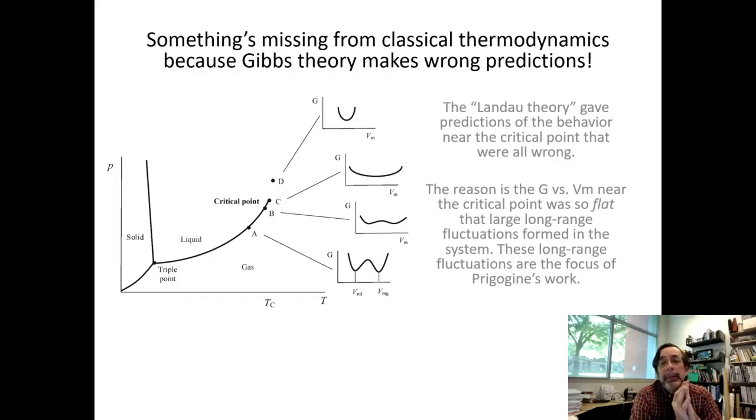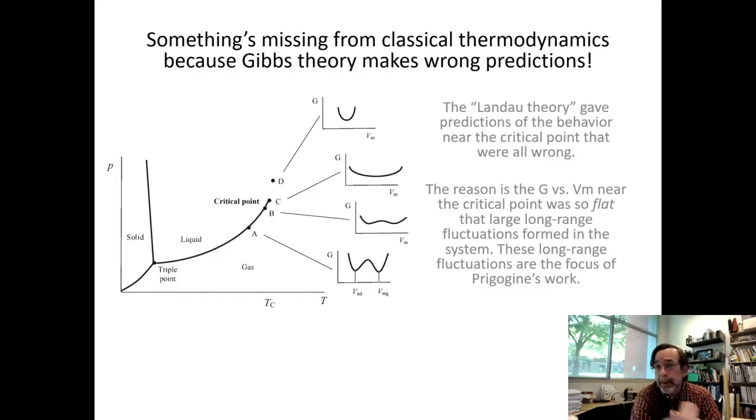There was a prediction, a Landau theory that made a prediction of what would happen near the critical point. So like you see, you have the critical point right here, and we're talking about the critical point, point C, C for critical. But as you're moving along the liquid-gas line, you define the critical point by the point at which the phase difference between liquid and gas disappears.